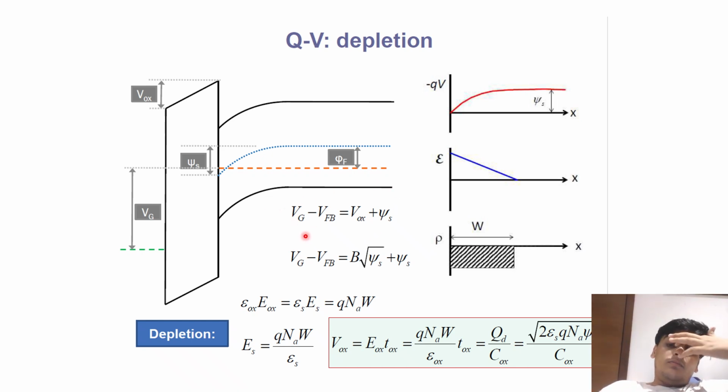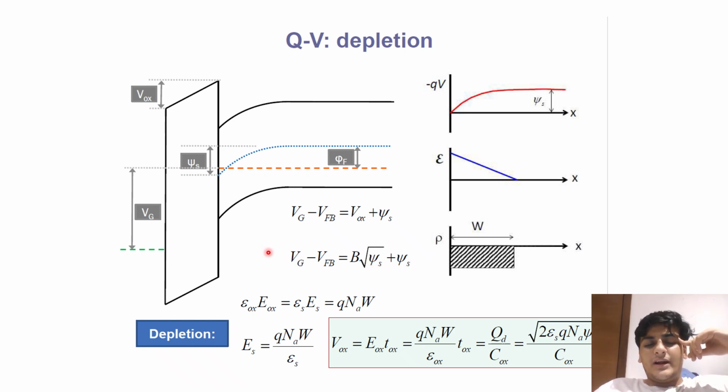Cool. We can clearly see that the oxide voltage has a root of voltage across the semiconductor dependence, so we kind of get this type of dependence. The rest of the formulas on this page are not that important. So we are just doing some quantitative analysis with respect to depletion before moving on to inversion.